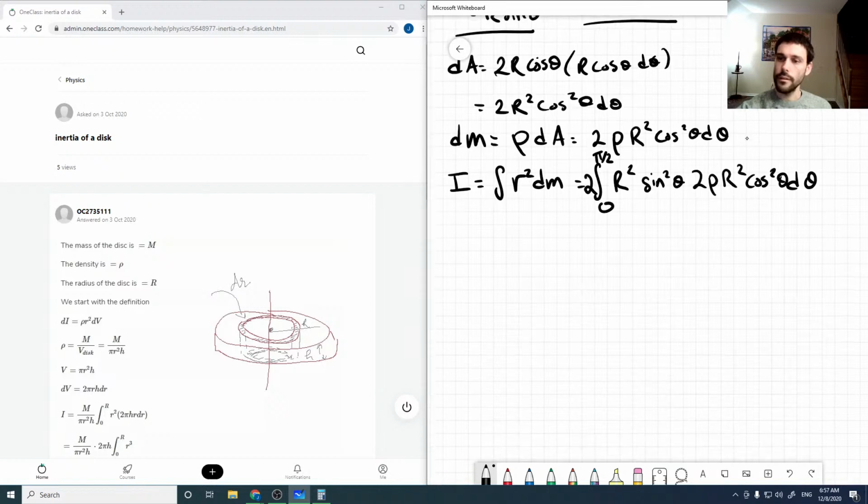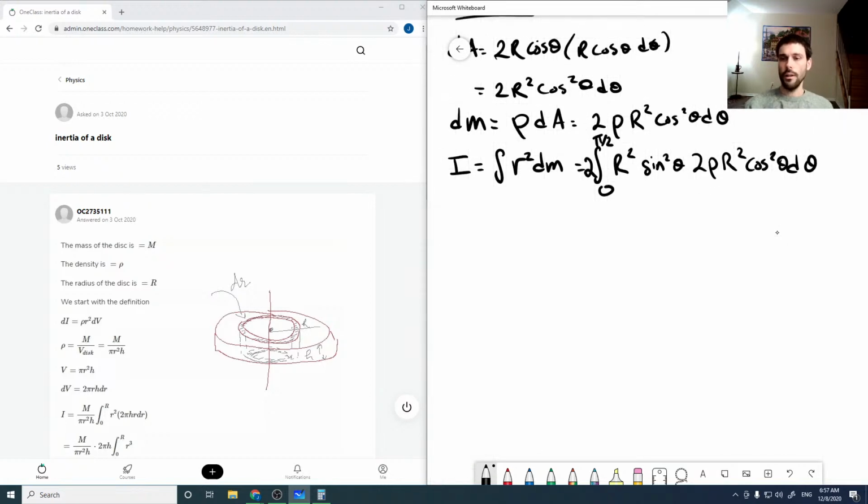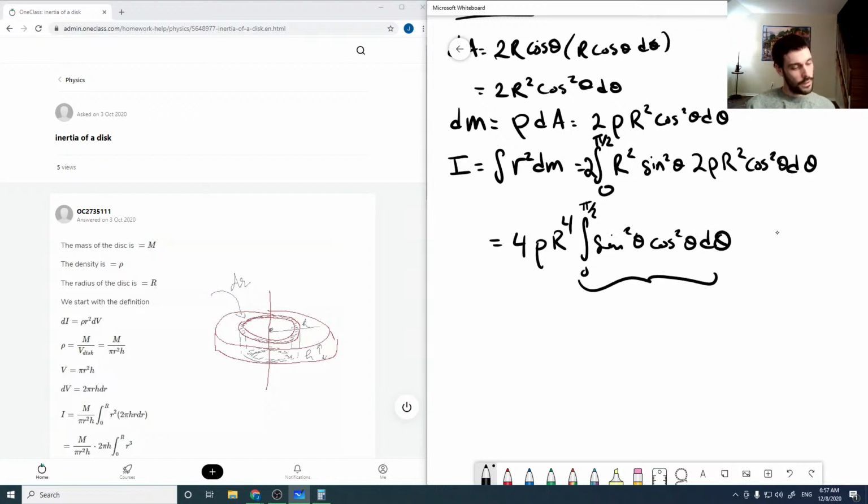And now pulling out all of our constants, and in this case our capital R is our constants, we've got 4 rho r to the 4th integral 0 to pi over 2 sine squared theta cos squared theta d theta. Now this is not something that I know how to solve right offhand, so I just used an integrator. I looked it up online to get the indefinite integral.